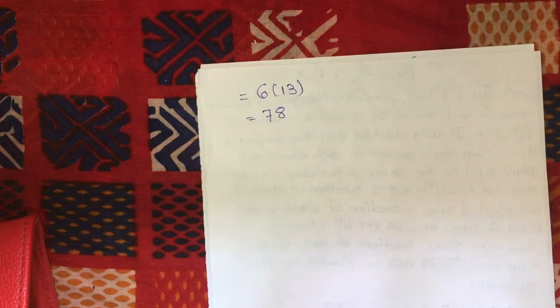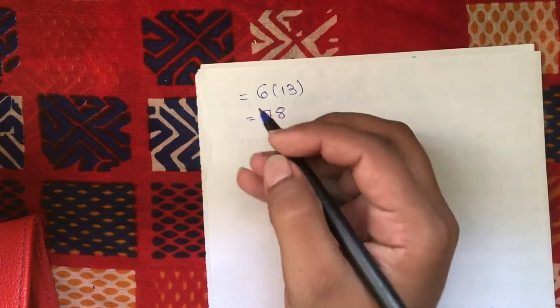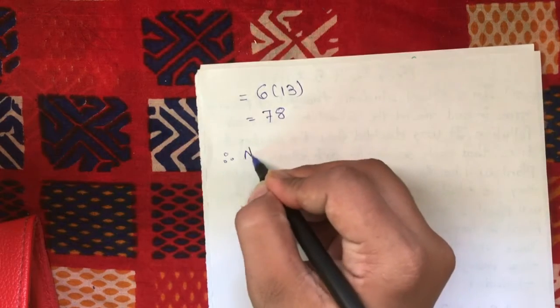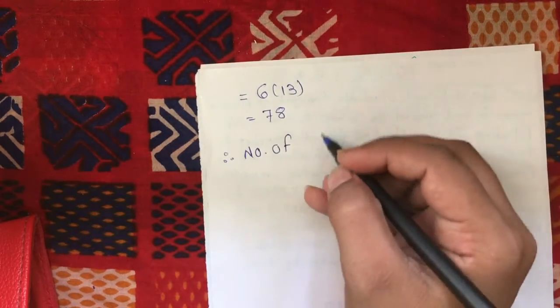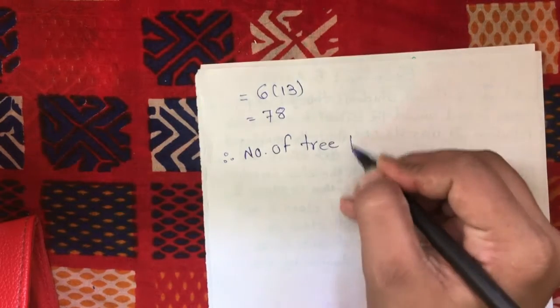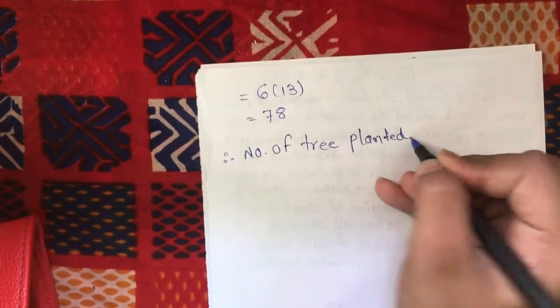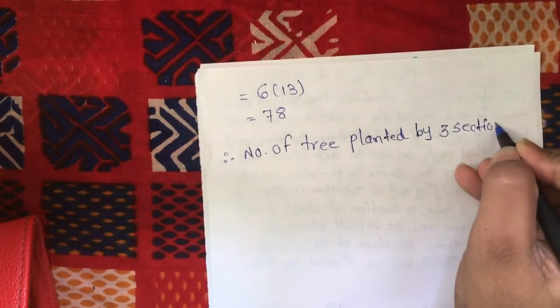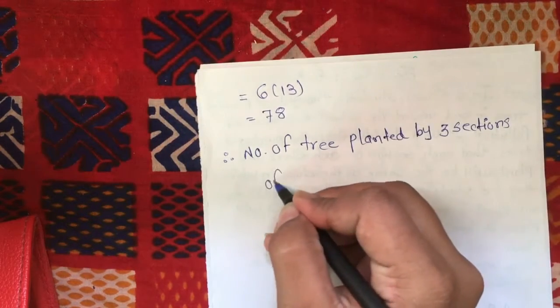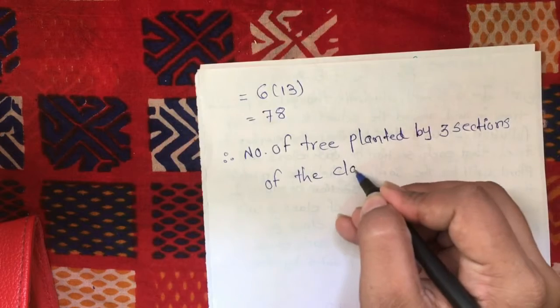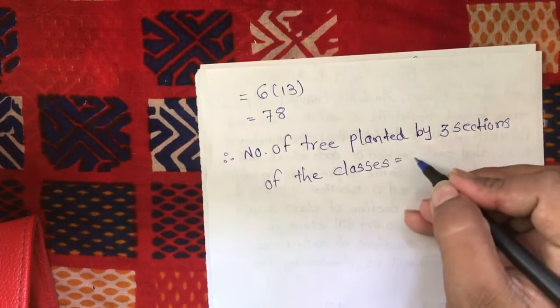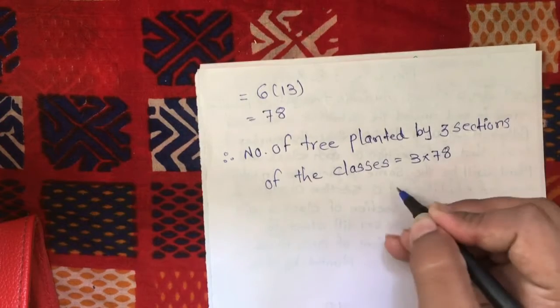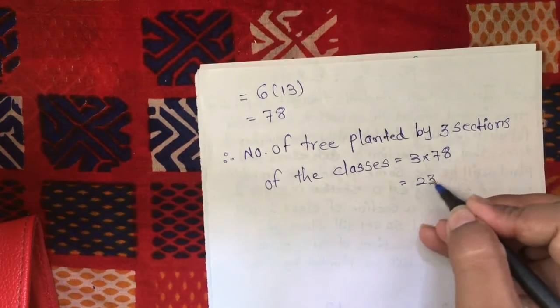Okay, so now this answer is for the one section of a class, but we are having 3 sections of each class, so therefore we can write that number of trees planted by 3 sections of the classes is equals to 3 multiplied by 78, which gives 234.